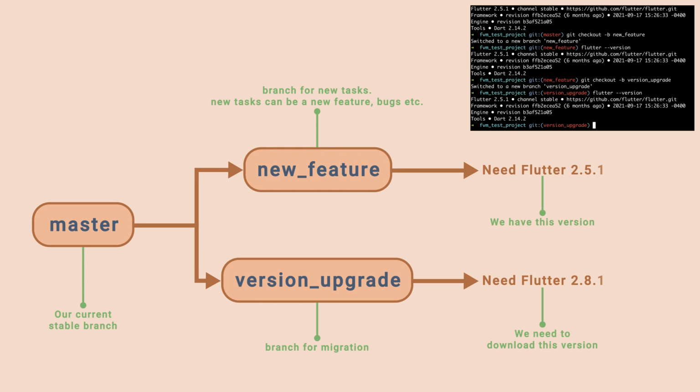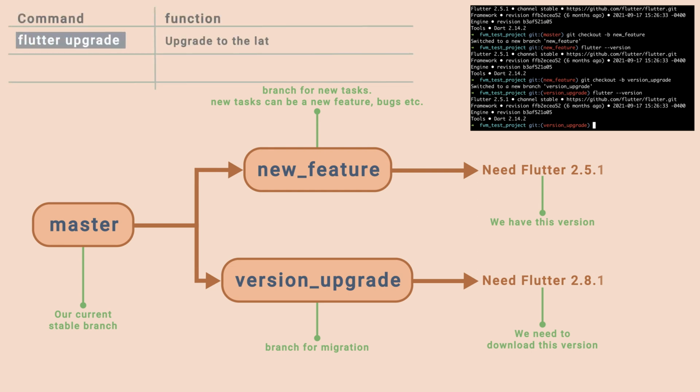But switching to a specific version is quite tricky in Flutter. It just has two commands, flutter upgrade and flutter downgrade, to switch to the latest version and downgrade to the previously used version, respectively. We have version 2.5.1, which is our current Flutter version. We will also be needing version 2.8.1.